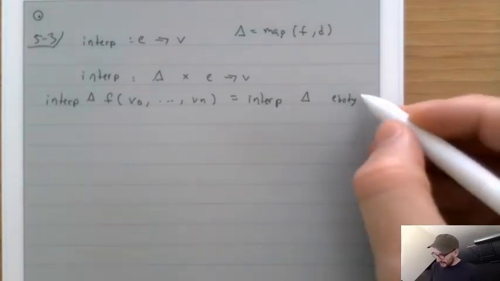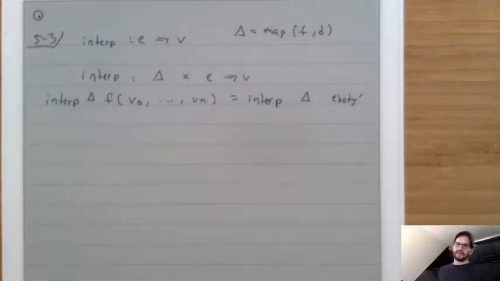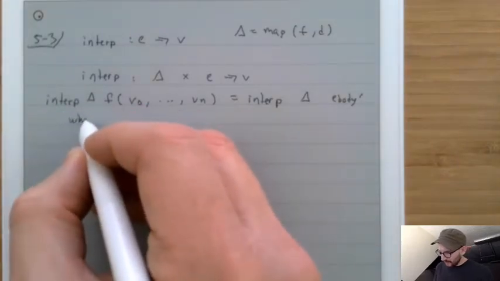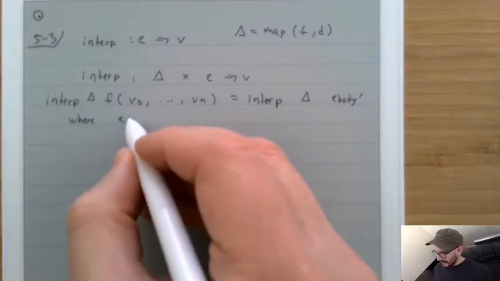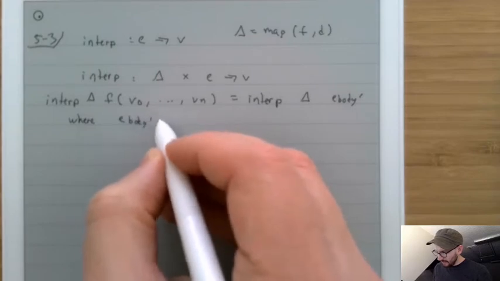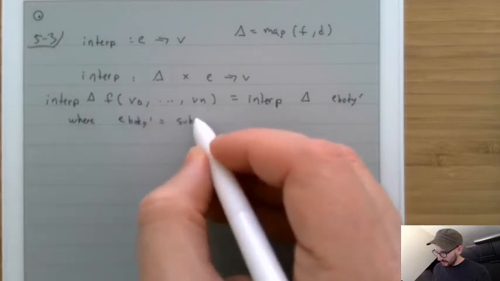But it's the body after doing substitution, so we'll call that body prime. And then we'll say where e body prime is equal to substitute.